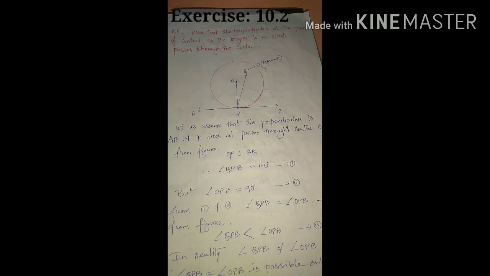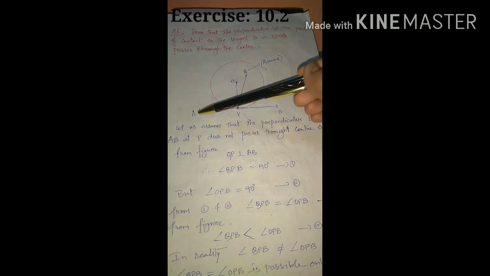So for this, first of all we consider a diagram with center O and P, and AB is the tangent. Now we need to prove that when we draw a line from P, this line always passes through the center. Through the contradiction method, like we did in real numbers, irrational numbers, we have to do it here by the contradiction method.